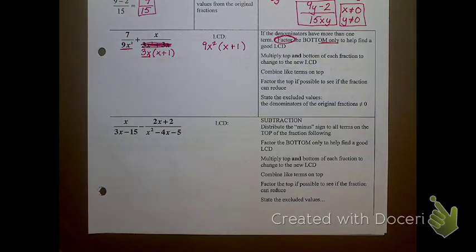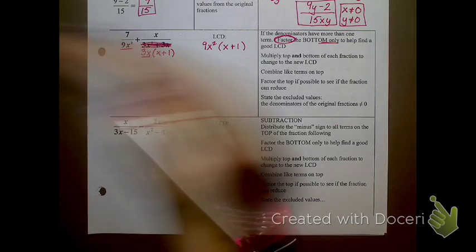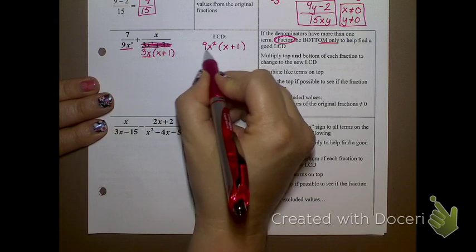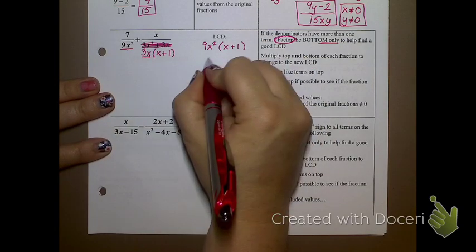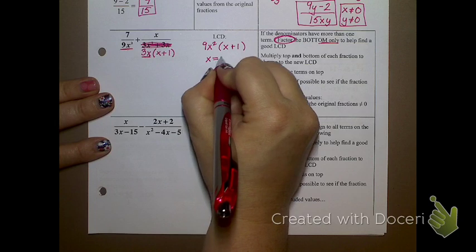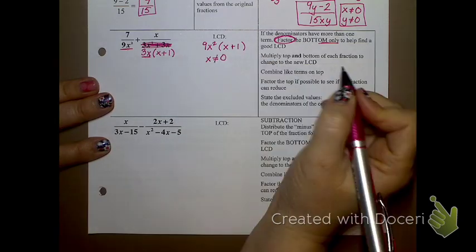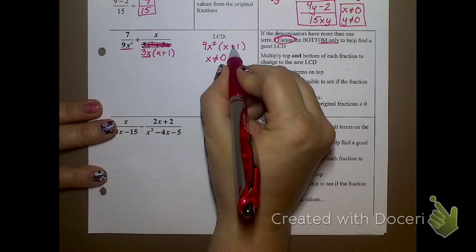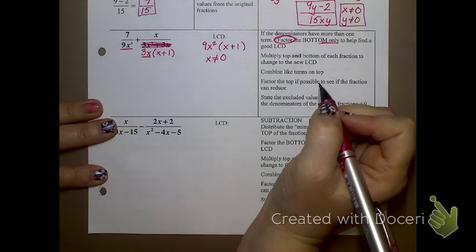So before we get too confused in this problem, let's go ahead and state our excluded values. Because if I look here, 9x squared, what would make that equal to 0? If I told you x was equal to 0, right? Because 9 times 0 squared is 0. 0 times whatever that ends up being is still 0. That's an excluded value.